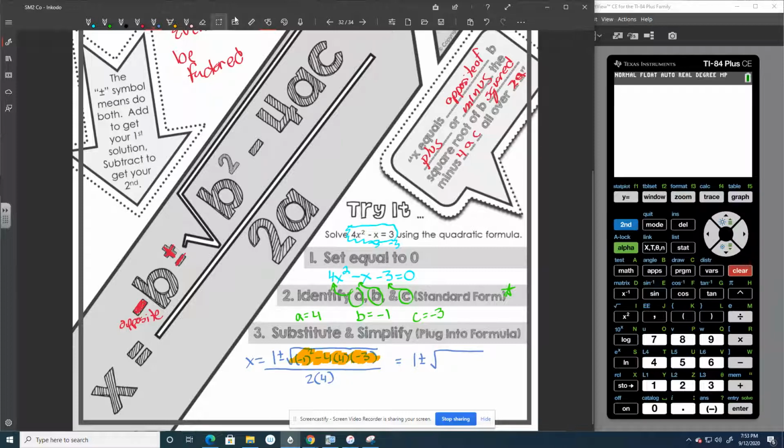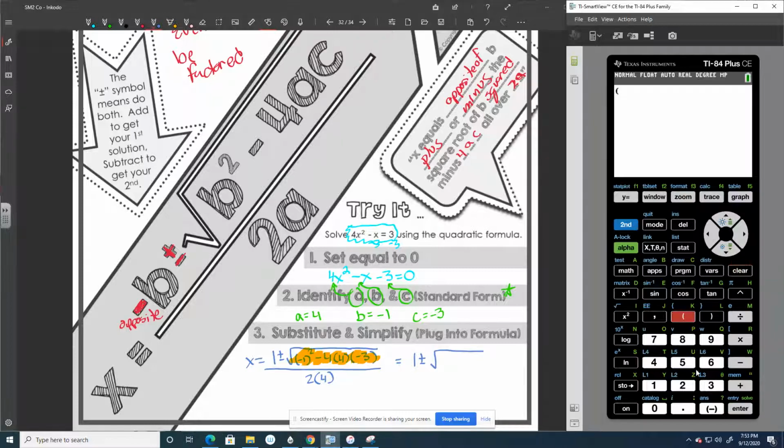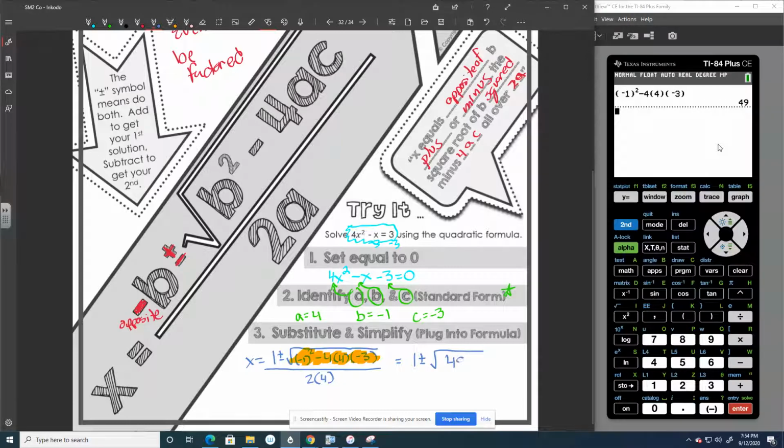So I'm going to plug that something into my calculator: parenthesis negative 1 squared minus 4 parenthesis 4 parenthesis negative 3. Now, because of all these parentheses, it's going to follow the order of operations for me, and I get 49. So I'm going to put a 49 right here. And then all of that is going to get divided by 2 times 4, which is just 8.